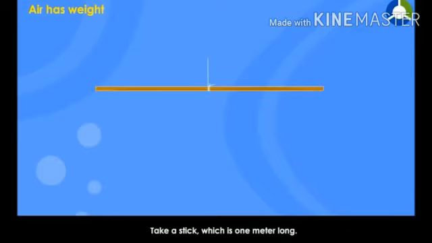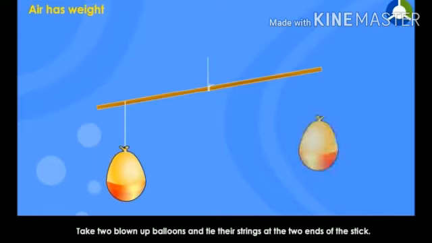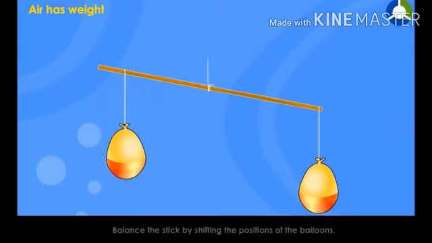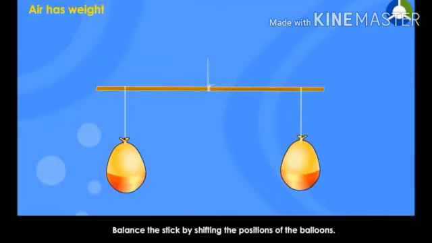Take a stick which is 1 meter long. Take 2 blown up balloons and tie their strings at the 2 ends of the stick. Balance the stick by shifting the positions of the balloons.